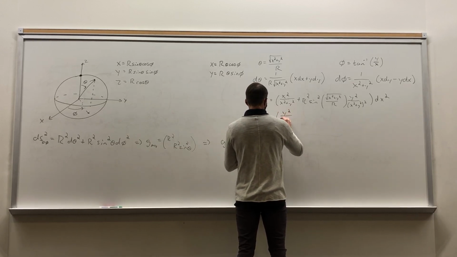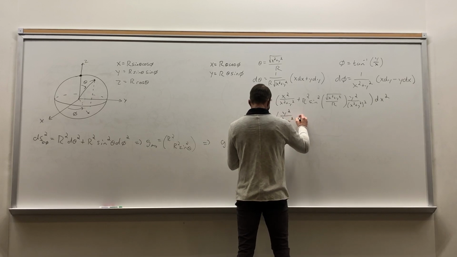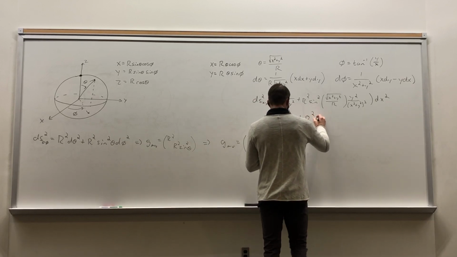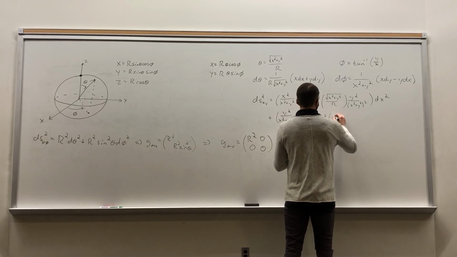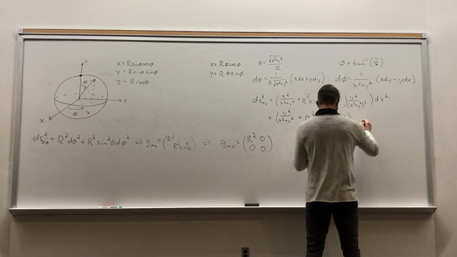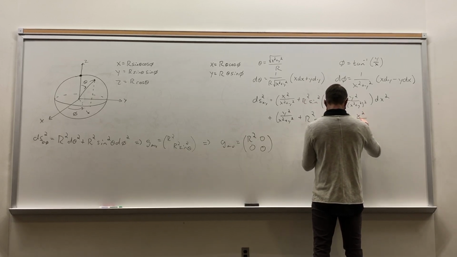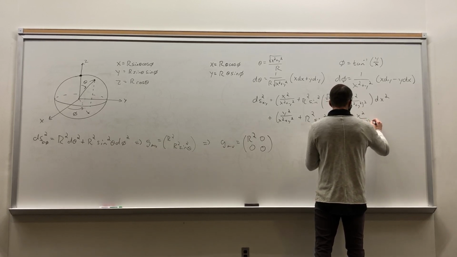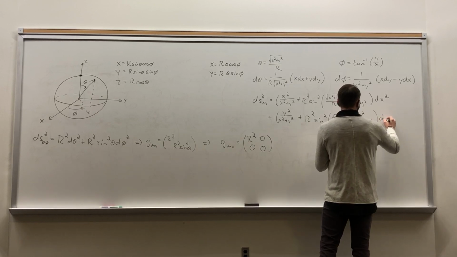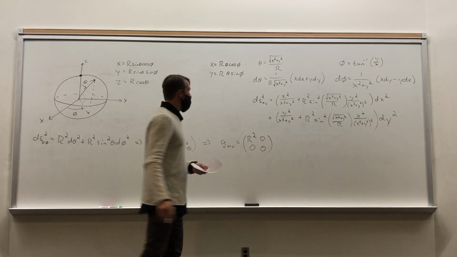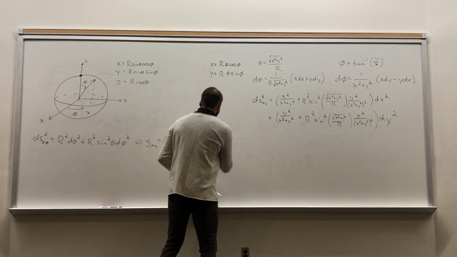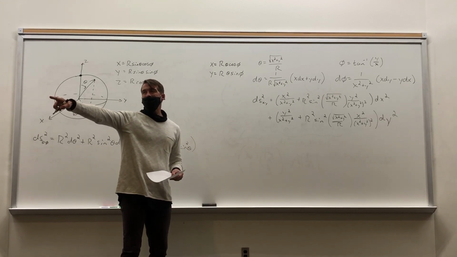Y squared over x squared plus y squared plus r squared sine squared of root x squared plus y squared over r, over x squared plus y squared squared, bracket dy squared. I feel like I should just sing this instead of writing it and speaking it. Okay, fine. I won't sing it. But you asked me if metrics were always diagonal.